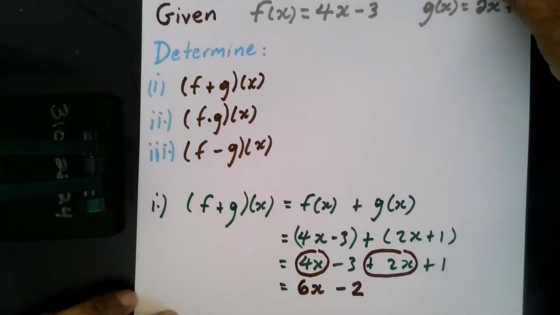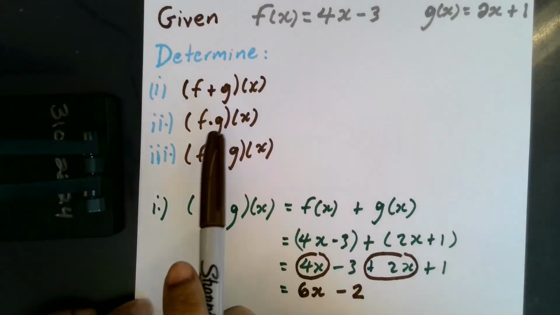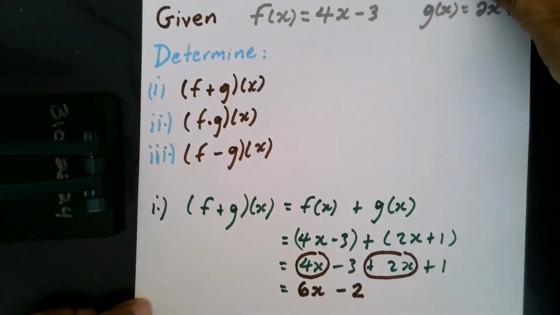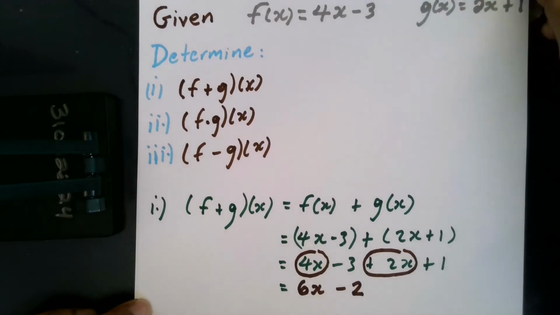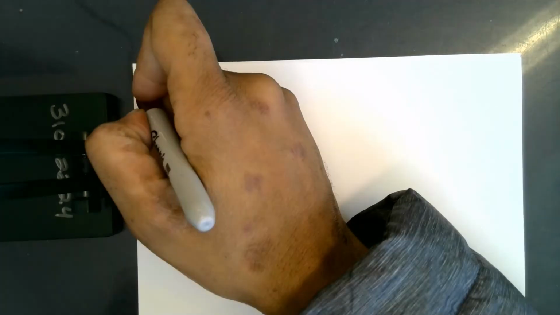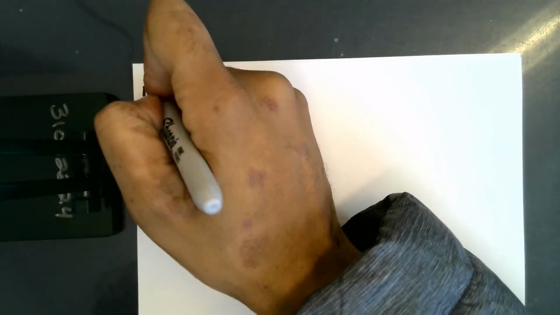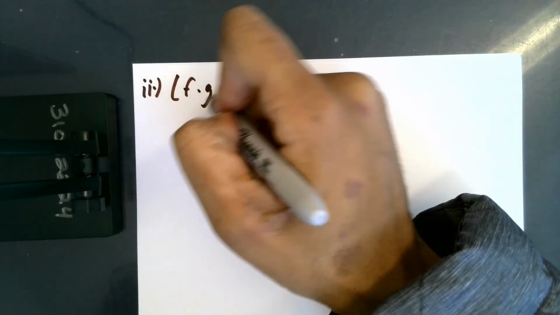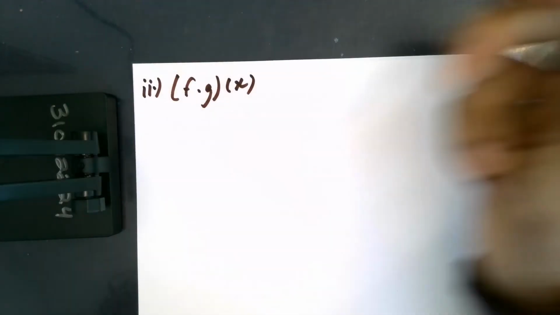Let's look at this one, f times g of x. So that's number 2, f times g of x.